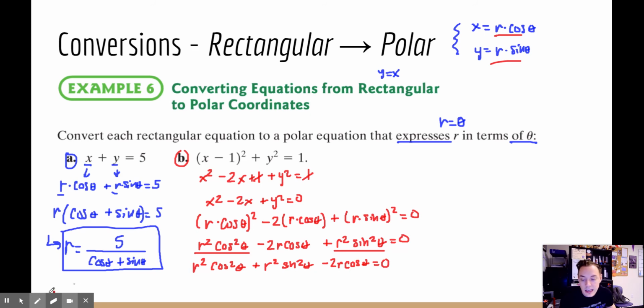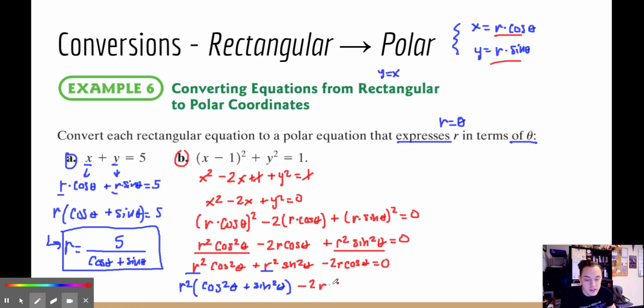Now notice how you have a factoring opportunity to take r squared out. So I'm going to take r squared out, and then what I have left is cosine squared theta plus sine squared theta. Again, you should be thinking there's an identity chilling in there, because there is. It's a Pythagorean identity.